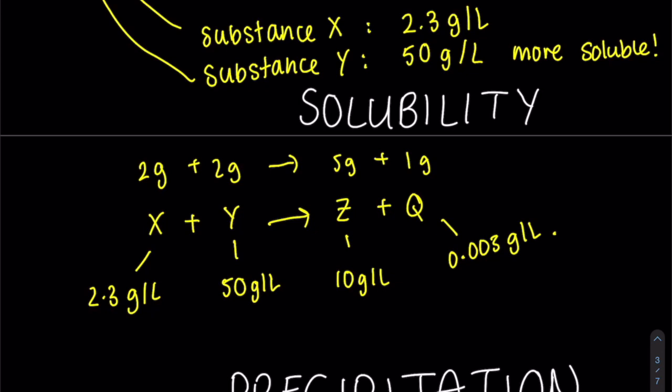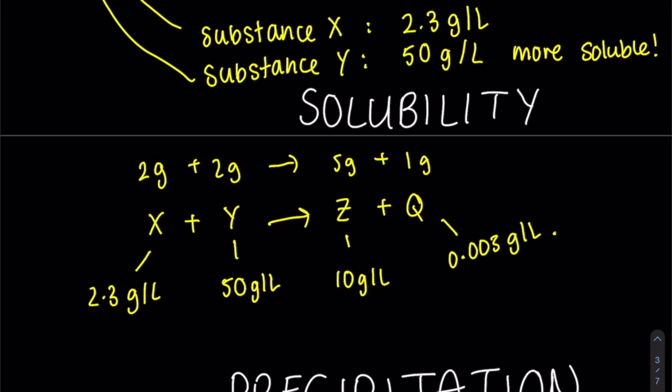What this will mean is that my X and Y have both dissolved, because I have attempted to dissolve a mass of each of those things that is below their solubility level. So I can happily dissolve 2 grams of X and 2 grams of Y. Both of those will dissolve, no solid will be left over.